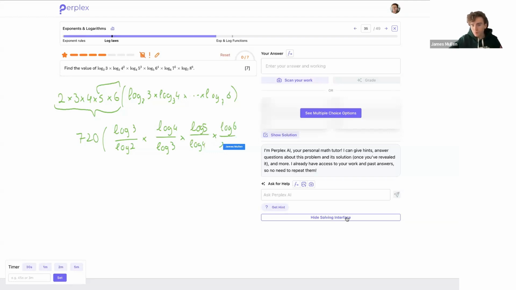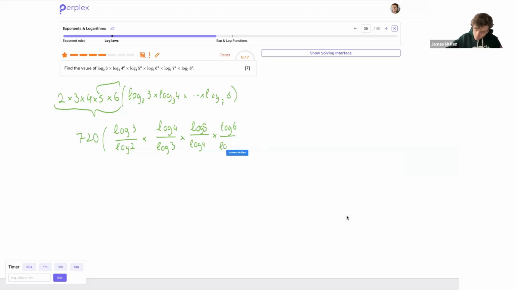Let's make some room. Sorry, it's going to take a second, log 7 over log 6 times log 8 over log 7. That's the last one. And now notice that I can cancel a lot of these logs with each other.